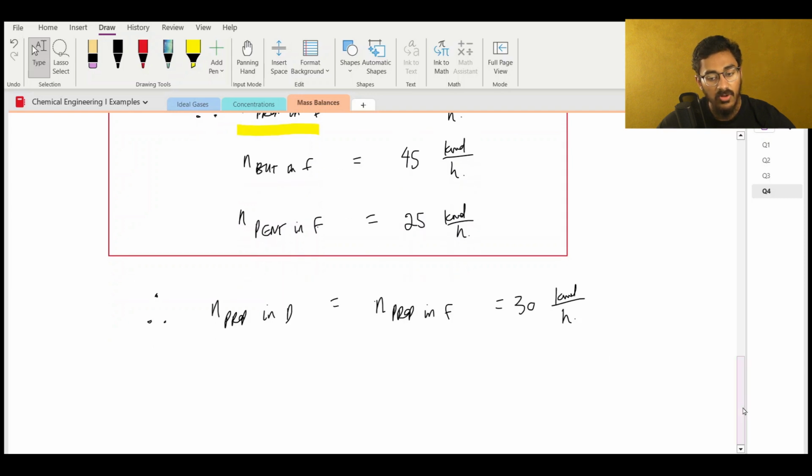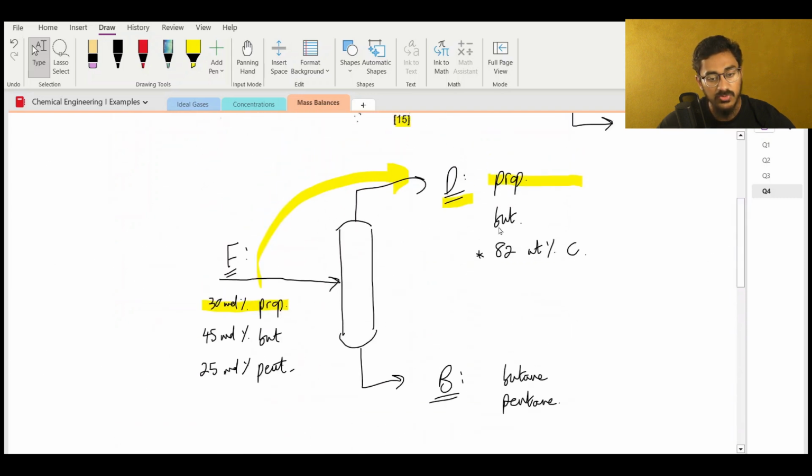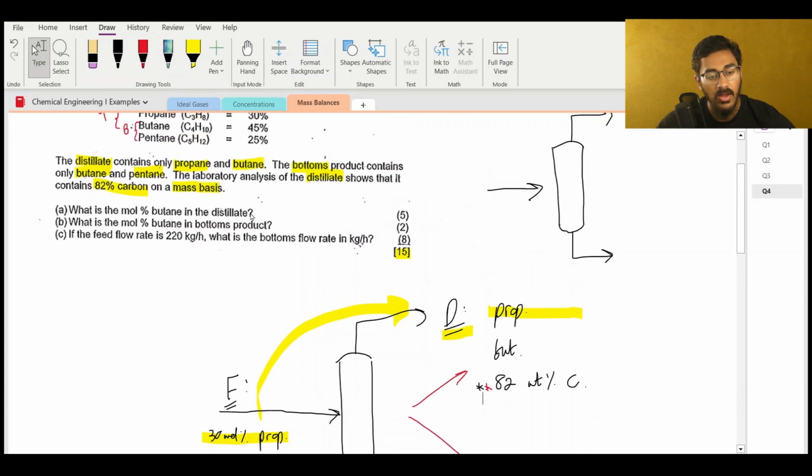Now that I have all of this information, remember I can't work out how much butane is in here, because 45 mole percent, sure, there's 45 kilomoles of butane coming in, but the butane splits between the distillate and the bottoms. So I can't evaluate that right now. But let's see if I can make use of this 82 weight percent carbon to calculate the mole percentage of butane in the distillate.